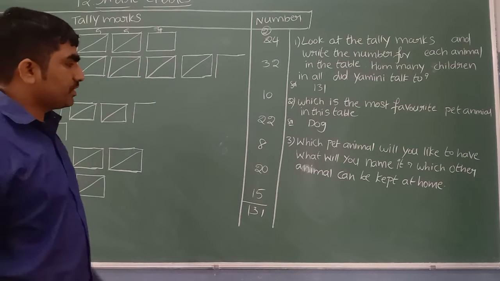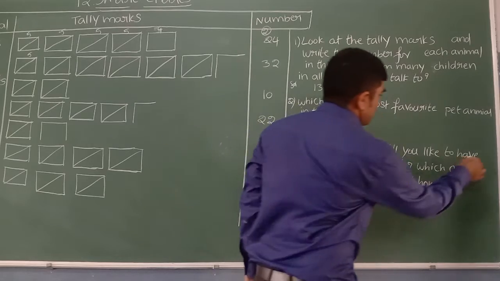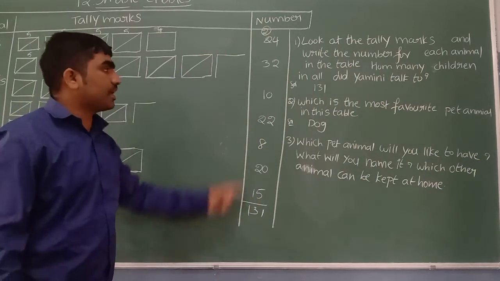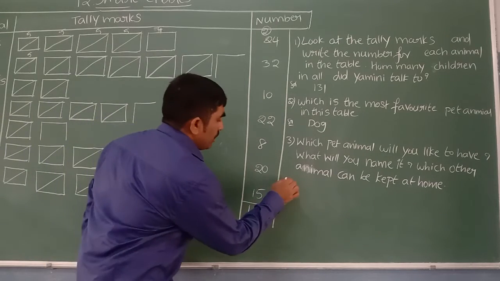Now let us see the next one, the third one. Which pet animal will you like to have? Here in class you can see most of the children have dogs as pets. Even I like dogs too.